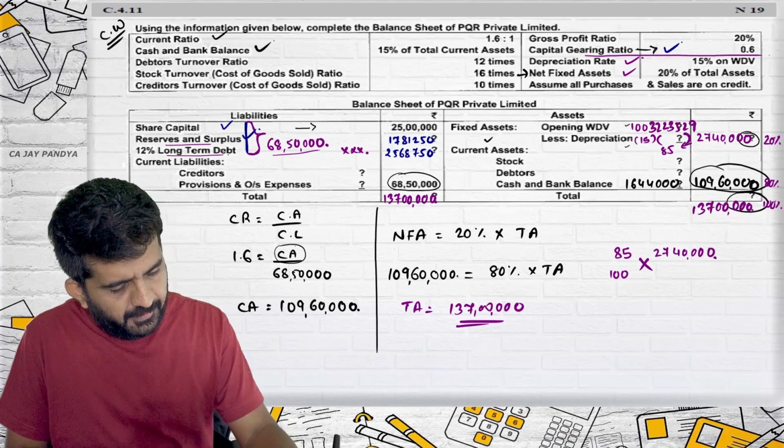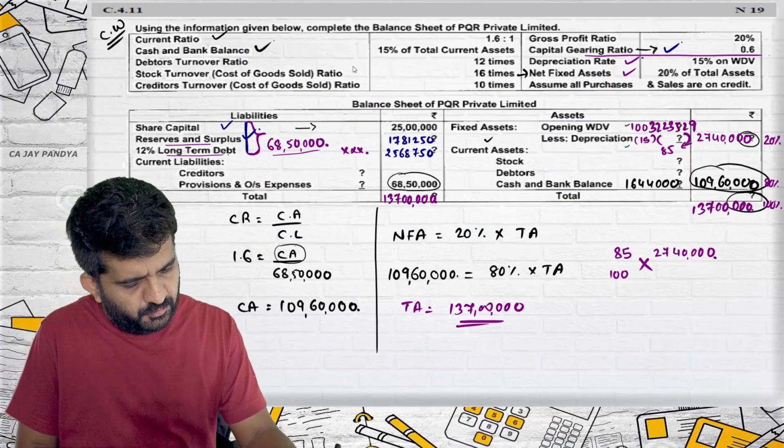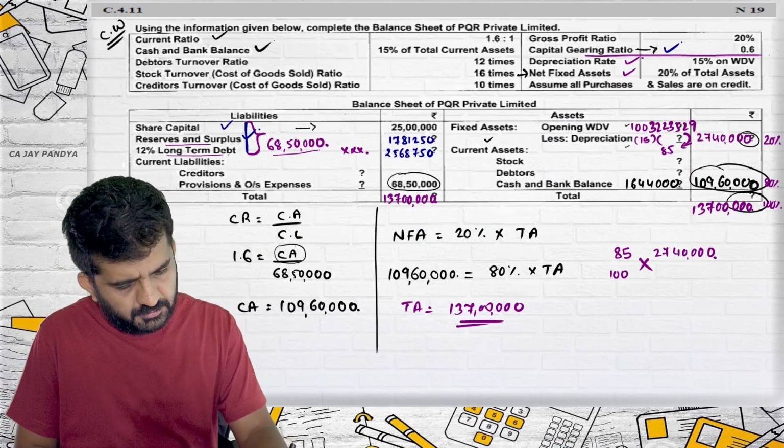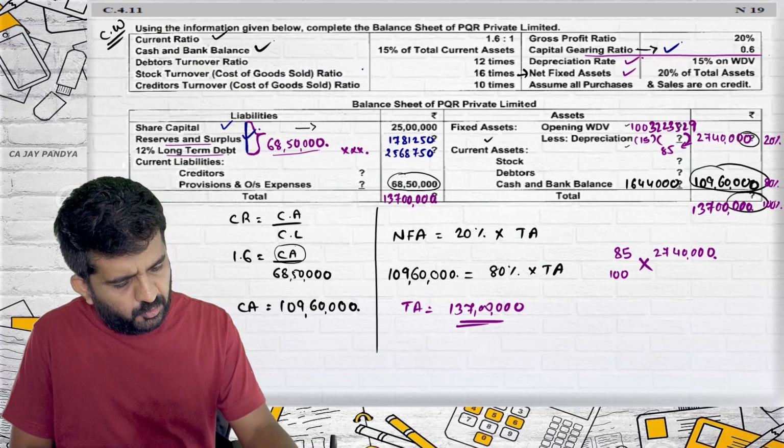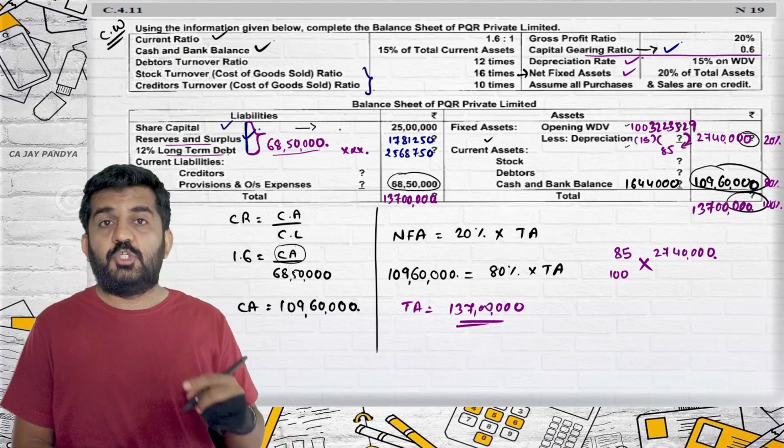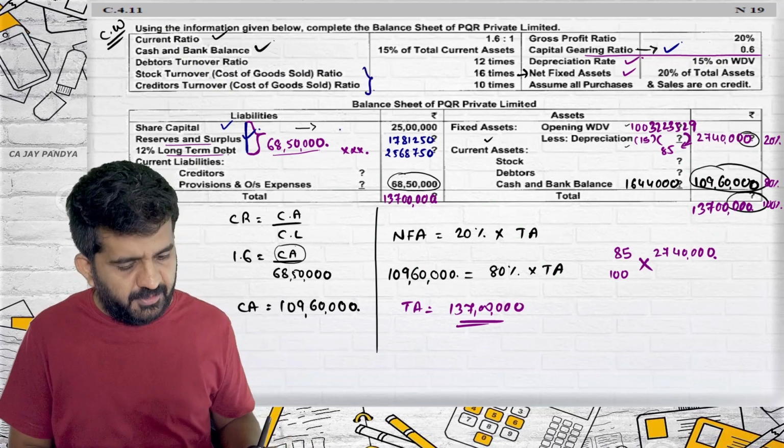Debtors turnover ratio will be based upon sales, but stock turnover ratio and creditors turnover ratio are based upon COGS. So let me do it in this manner.